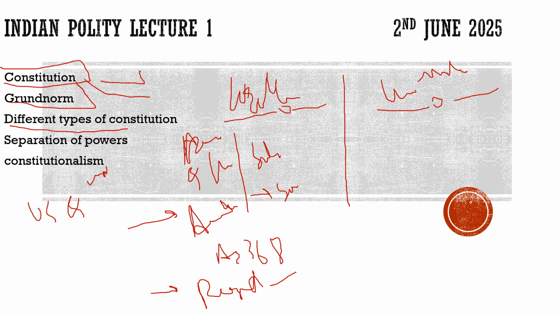Now coming back to the unwritten constitution, what are the countries that have an unwritten constitution? Let us find them. It is the UK, and it is New Zealand. So what is the difference?